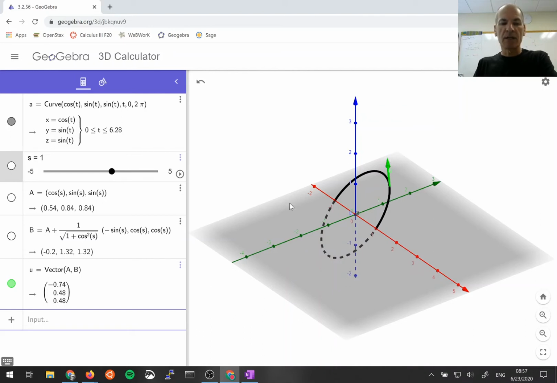And then finally what I do is I build a vector out of that, and GeoGebra knows, okay, you want a vector and you want it to go from A to B. And that's what it's painting here with this green vector. If I move it around, you can see that that vector stays tangent to the curve, and furthermore, its length stays the same. What is its length? It's a unit vector. Its length is 1.